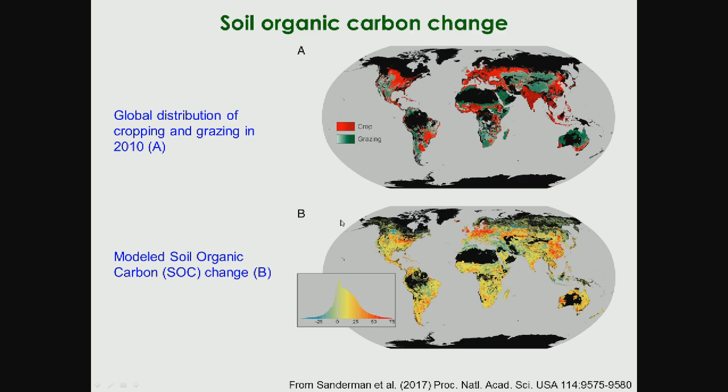The top graph is showing the distribution of agricultural activities. I've shown you a graph similar to this before. We've got a comparison of the arable agriculture, shown here in red, and the grazing agriculture, shown here in green. And then in the bottom graph, we've got the change in soil carbon release over time.